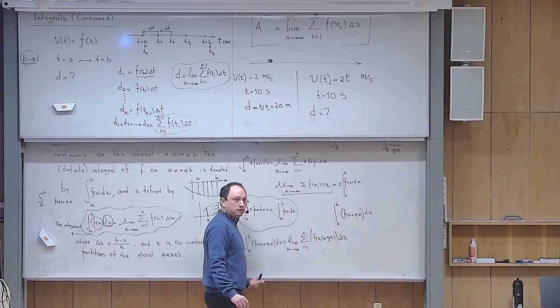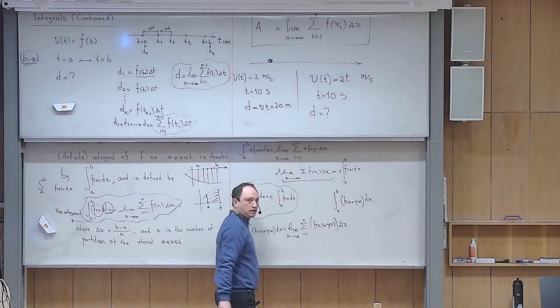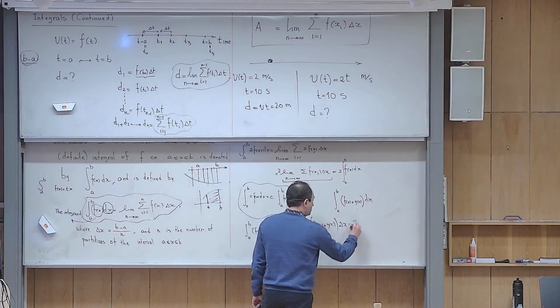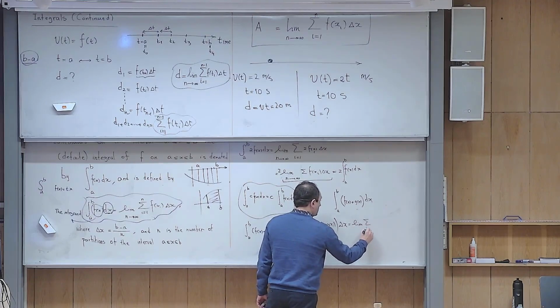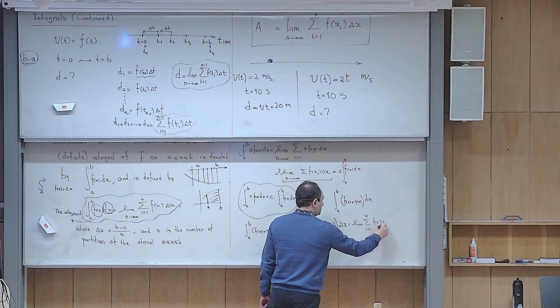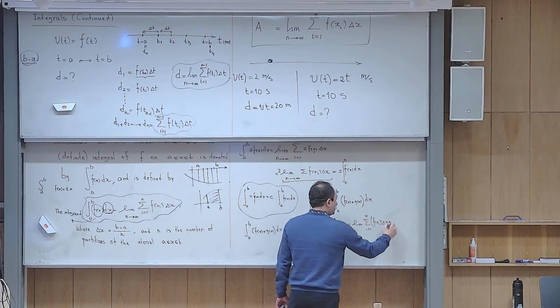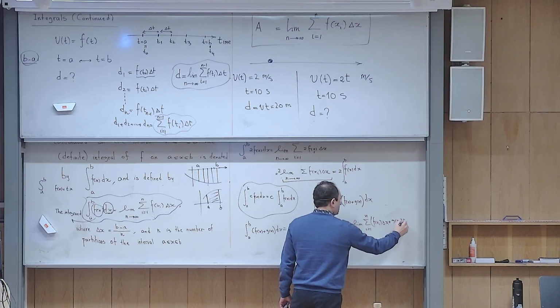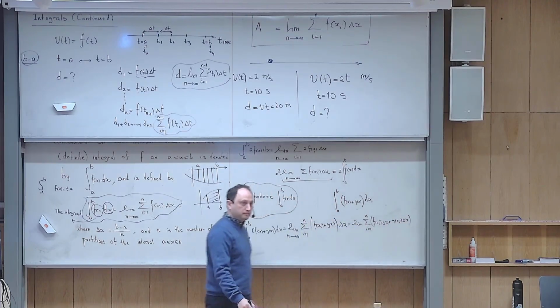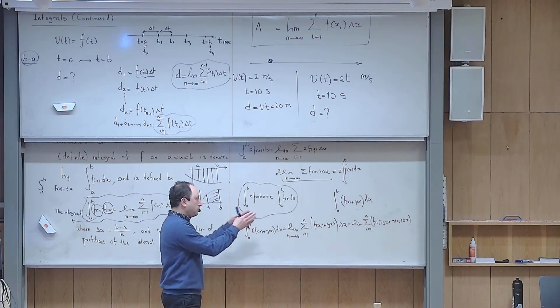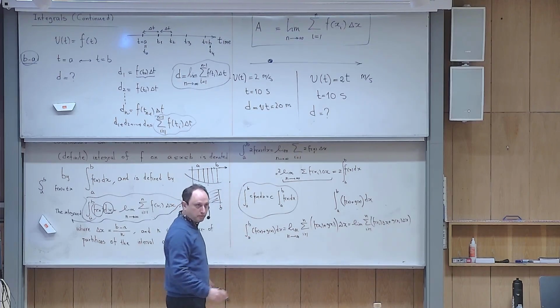But what happens now? I can multiply this delta x in. So this becomes the limit of sigma i goes from 1 to n, f of xi delta x plus g of xi delta x. But then I have a sum of two, I can decompose it into two sums.